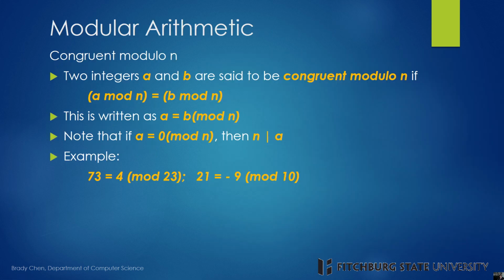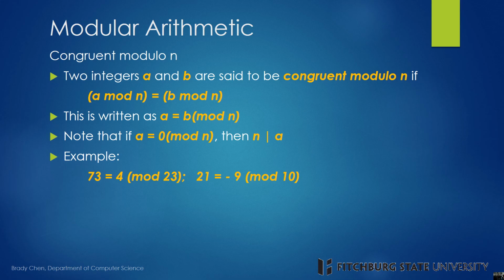So we talked about the modular operation. A mod B basically means when A is divided by B, we get the remainder. Now, with modular arithmetic, we can define a relationship between two integers.